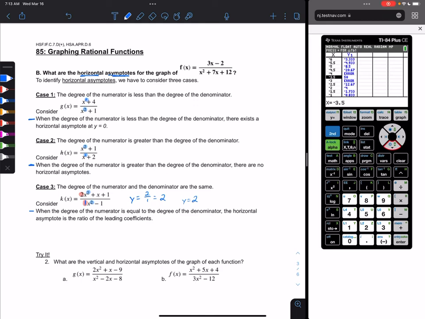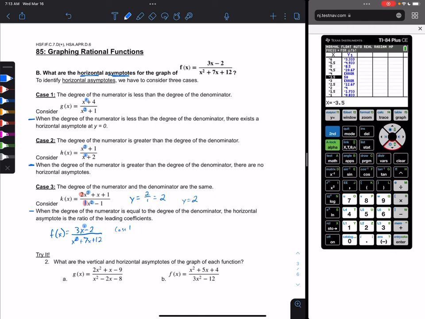So if we go back to our original problem, f of x is equal to 3x minus 2 over x squared plus 7x plus 12. We have a degree of 1 in the numerator. My denominator is x squared plus 7x plus 12. So if I look at the degrees of my numerator and denominator, the numerator is less. That's case 1. Now you don't need to memorize the cases. I'm just using this to reference it.